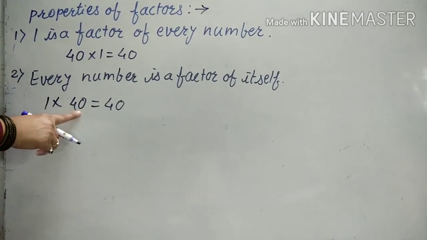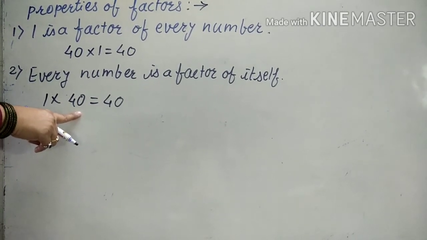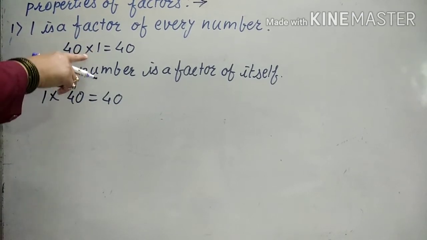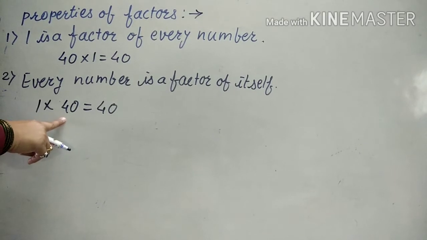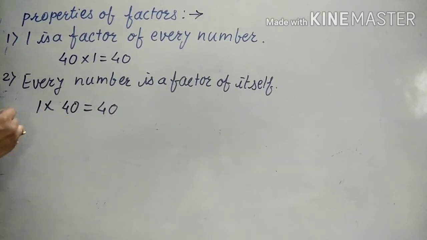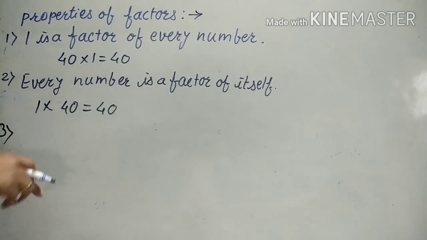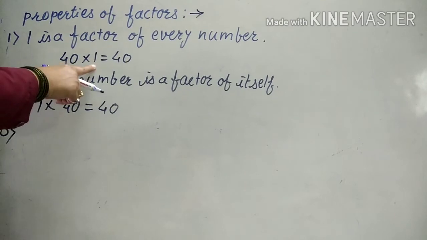That means I can divide 40 by 40 completely without any remainder. And I can divide 40 by 1. I can divide any number by 1 and I can divide any number by itself without leaving a remainder. So second property is every number is a factor of itself. That means a factor of 40 is 40 again, and a factor of 40 is 1 also.